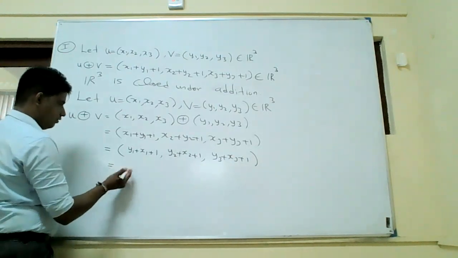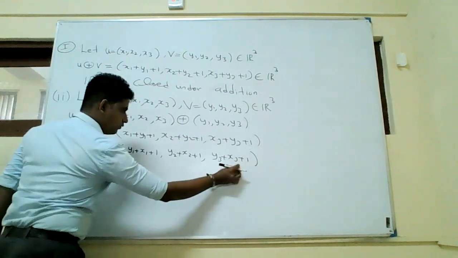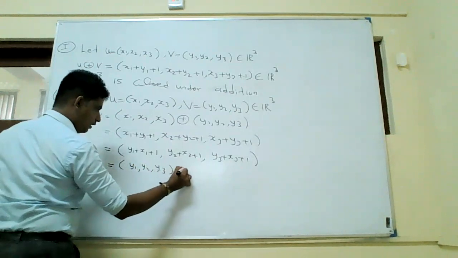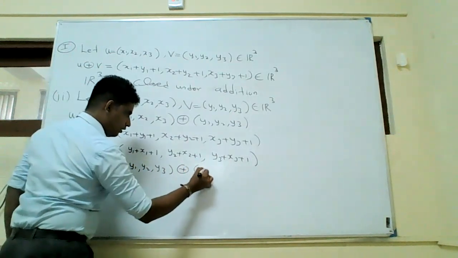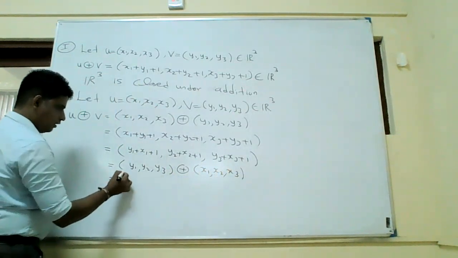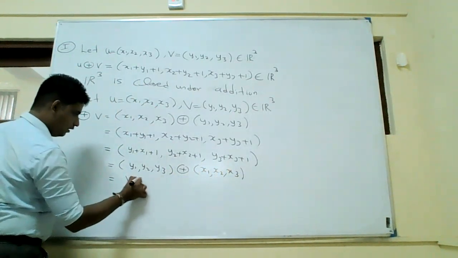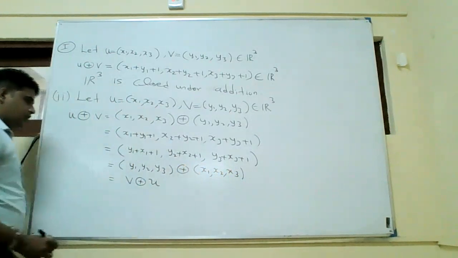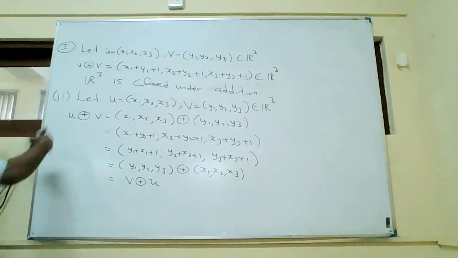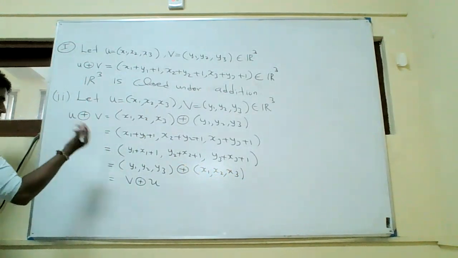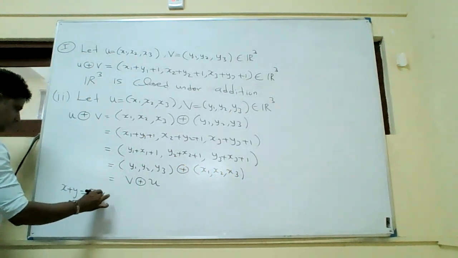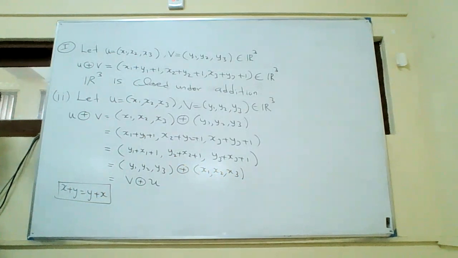So what is the meaning of this? This means y1, y2, y3 vector addition x1, x2, x3. So it is v plus u. In the real numbers, additive commutativity means x plus y equals y plus x.